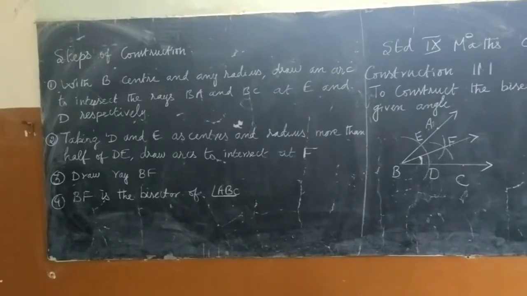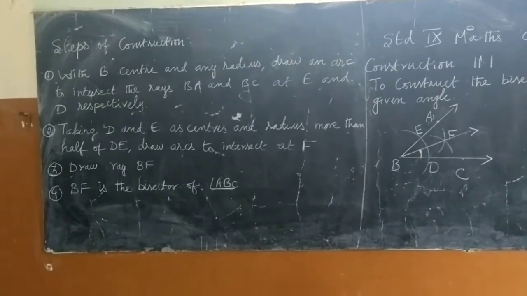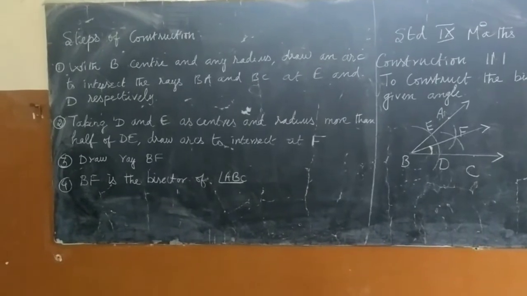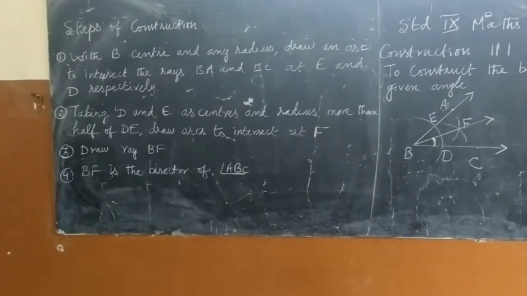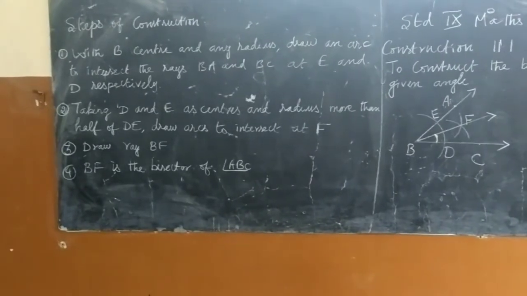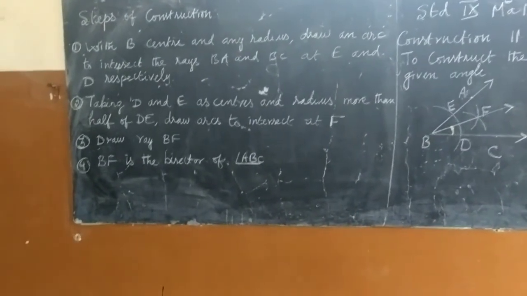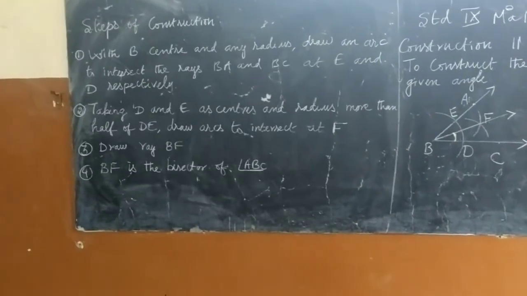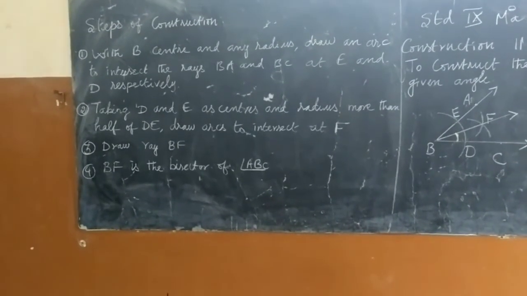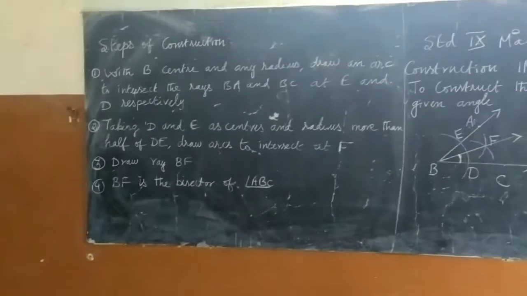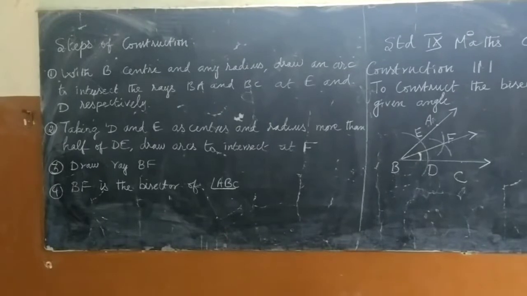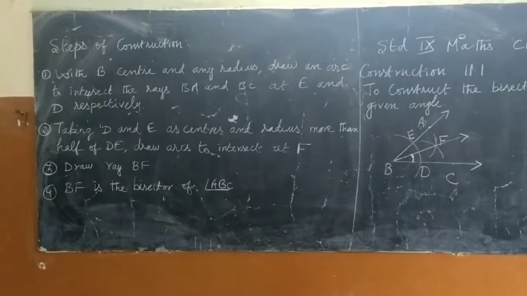The second point is, taking D and E as centers and radius more than half of DE, draw arcs to intersect at the point F. Third point is, draw ray BF. BF is the required bisector of angle ABC. Justification we will see later on, children. First we can understand this drawing and steps of construction.